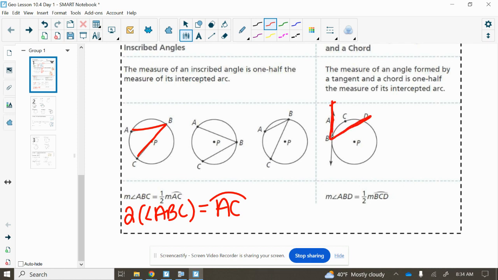So notice this one being made up of a tangent and a chord. This angle that is on the circle, again, that vertex here, notice it is opening up onto arc BCD. So again, the measure of angle ABD is going to be half the measure of that arc. Or we can double that angle that is on the circle and it will equal the measure of that arc it's opening up onto.